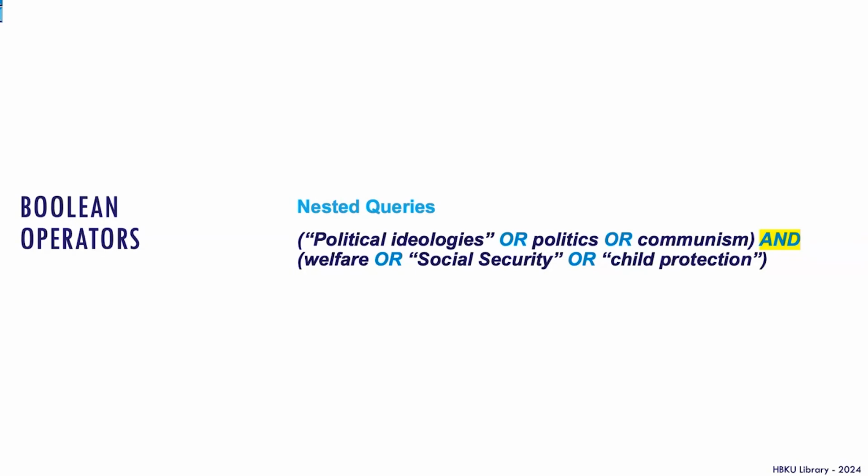It's called phrase searching, which will come shortly after, and it's only to keep the expression as is in the search, so that it doesn't give me political alone and ideologies alone. I want the phrase as is, so I put it between quotation marks. Any questions related to the nested queries? All right.